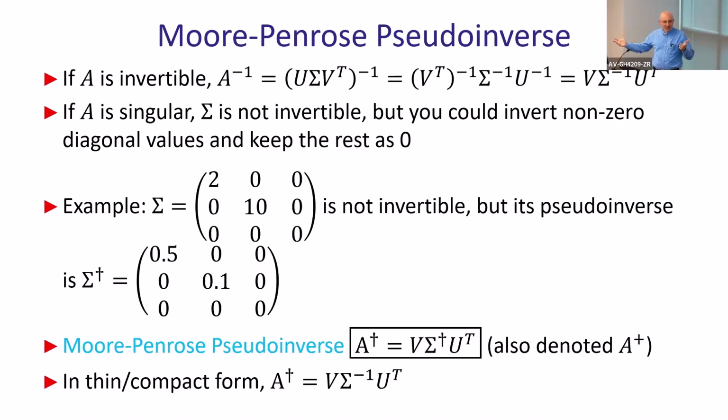So we don't care about them. In that case, you actually can invert that matrix, and you can write it exactly like this. So for both invertible and non-invertible matrices, the pseudo inverse will be just that same expression in compact or thin form.